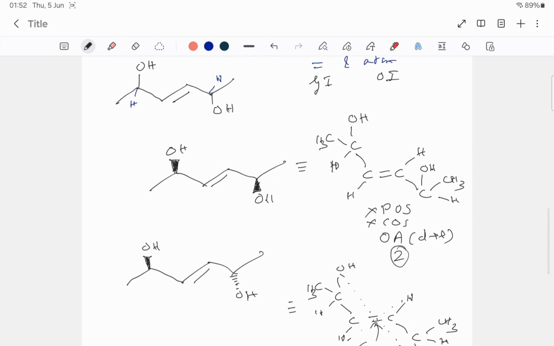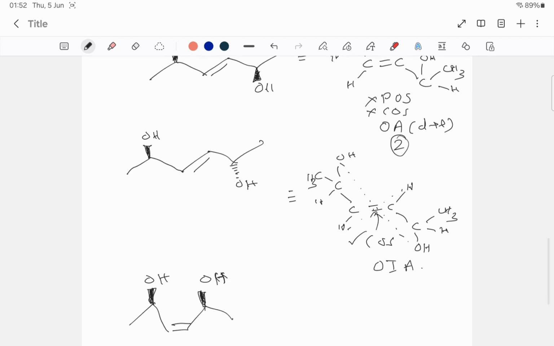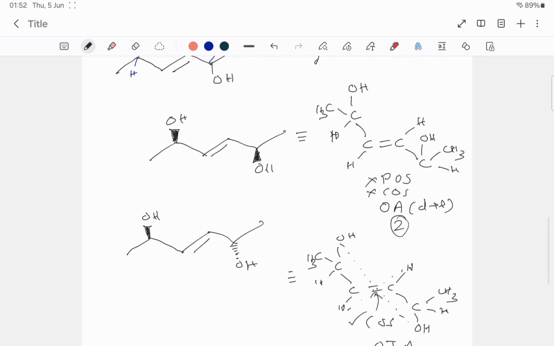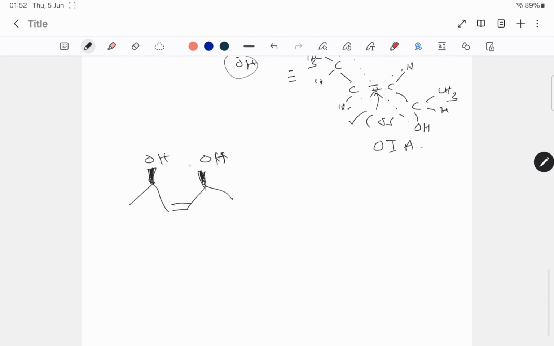Here these two OH are cis with respect to one another, and here these two OH are trans with respect to one another as shown. Now here both are cis, so obviously just by looking at the diagram we see that there is a plane of symmetry present, so the compound becomes optically inactive.